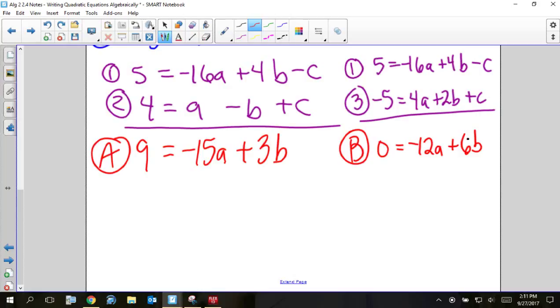So once we have our A and our B equations, then what should we do? Times A by -2? Yeah, that would work. So we have to eliminate either A or B at this point.